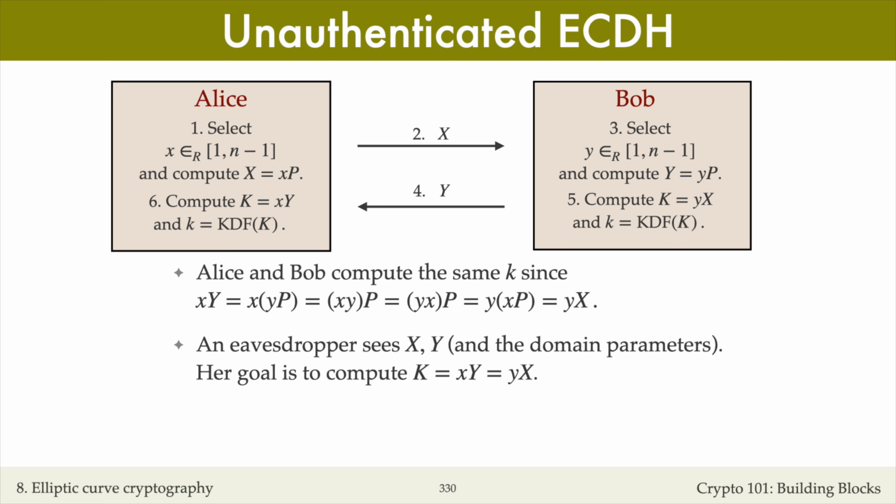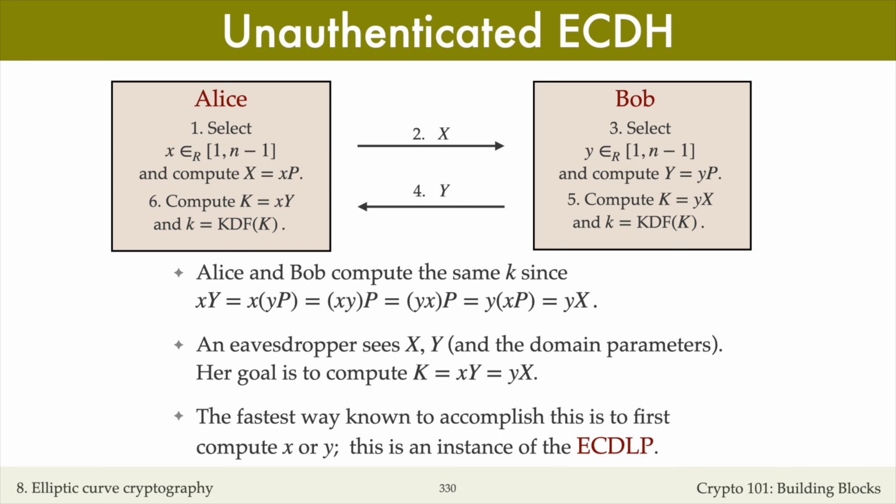An eavesdropper who sees the points X and Y, and also knows the domain parameters, which are public to everyone, is faced with the task of computing the shared secret point K. This is known as the ECDH problem. The fastest known attack to solve this problem is to first compute x from X, or y from Y, which are instances of the ECDLP.